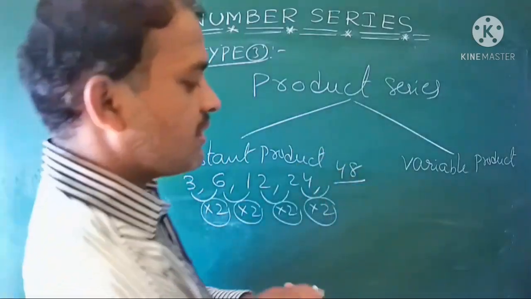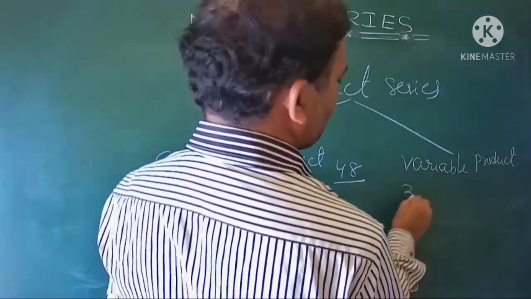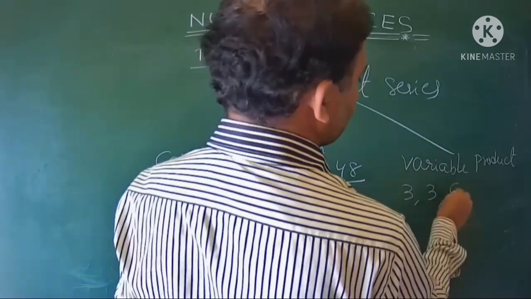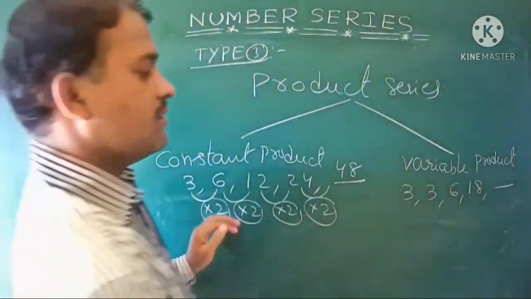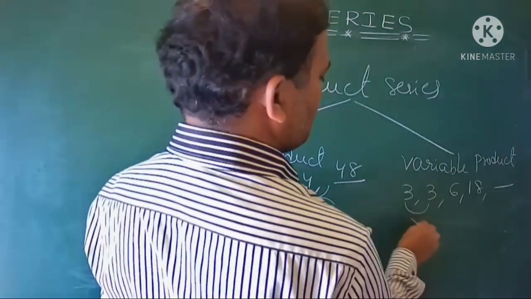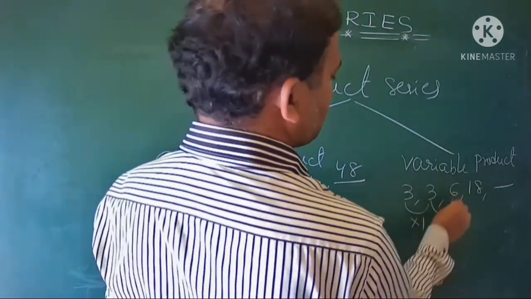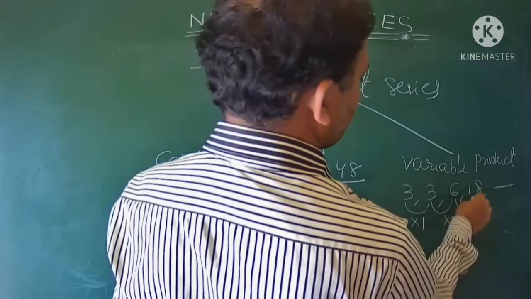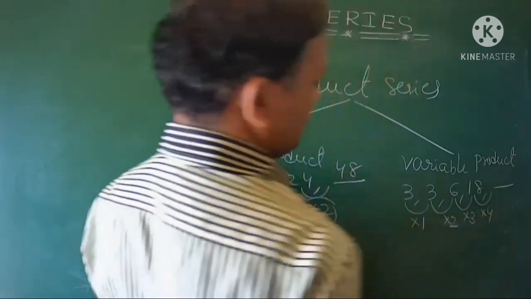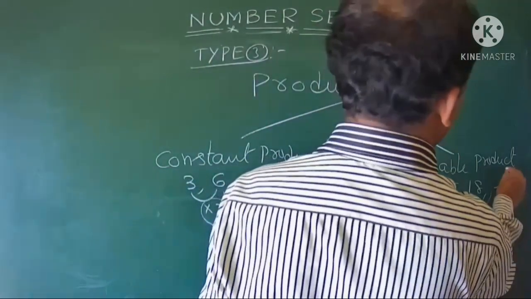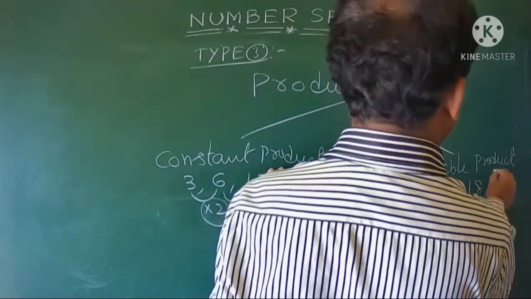Next, what is variable product series? Take 3, 3, 6, 18, dash. Once you observe, here 3 ones are 3, next 3 into 2, next 6 into 3, so next 18 into 4 will come. 18 into 4 means 72 will come.